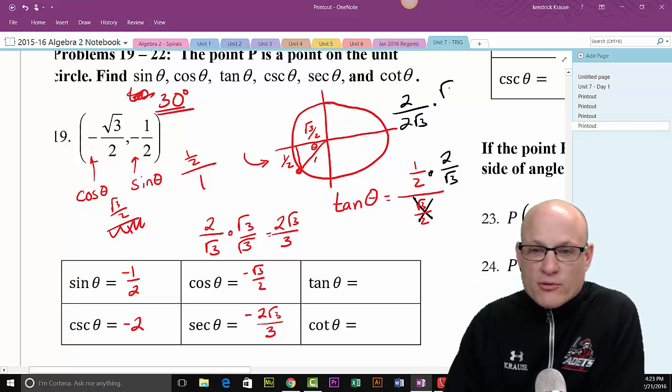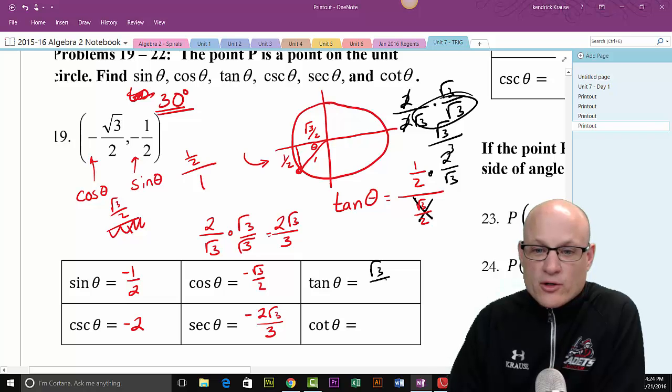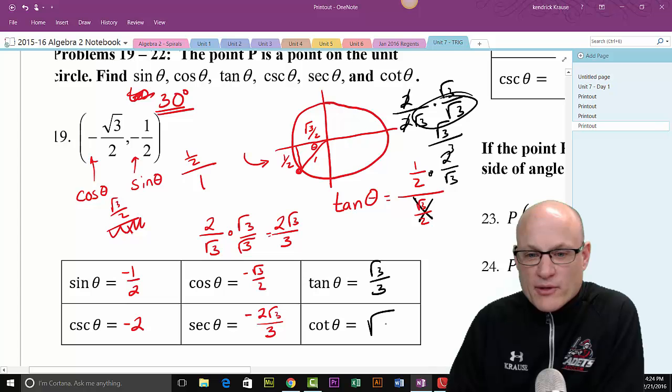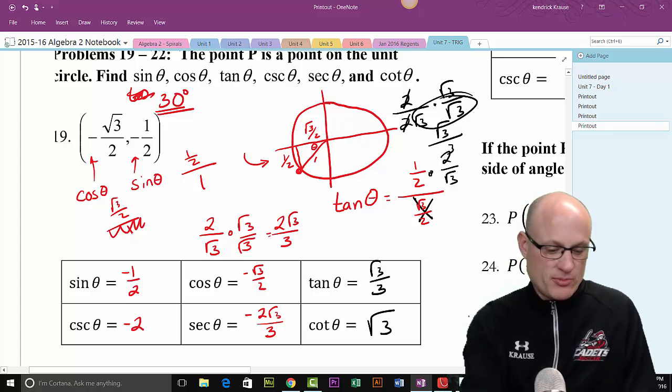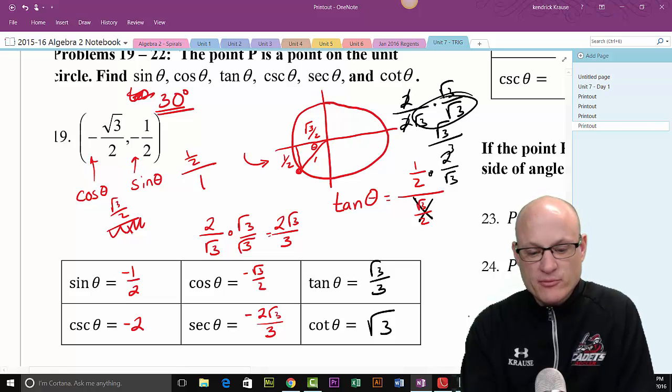Multiply by radical 3 over radical 3. So let's see, these 2's cancel, and I end up with radical 3 all over 3. So this is radical 3 over 3. And hopefully by now you remember that the reciprocal of this is just radical 3. So there's that. Of course, my answer key is completely wrong. That's embarrassing. I'll have to redo an answer key for that.